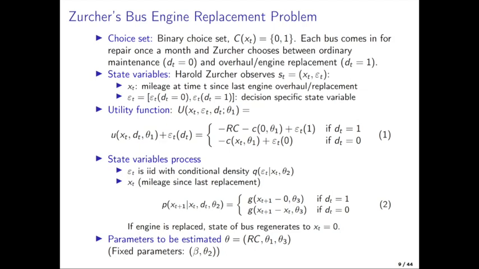Zurcher says that if you make a complete overhaul of the engine, it practically becomes as good as new. So Rust is looking at these two binary outcomes. Then the state variable S is partitioned into two separate variables, X and epsilon. And X is the mileage since the last engine replacement.